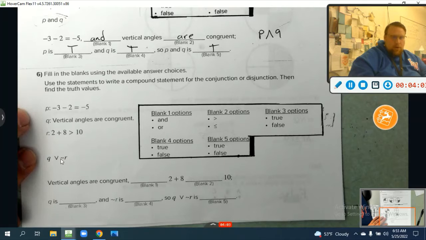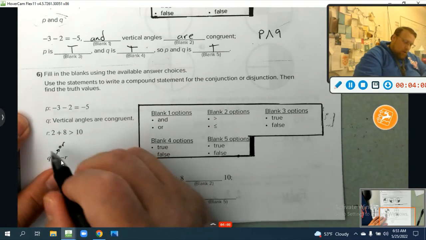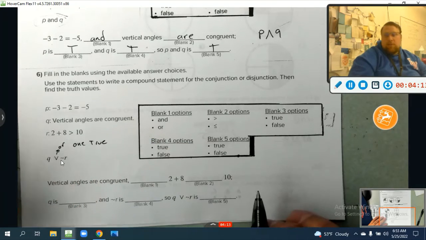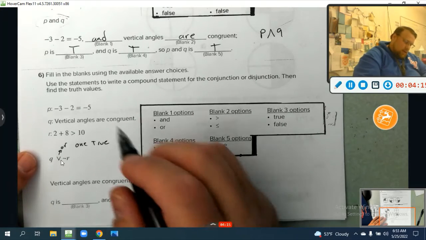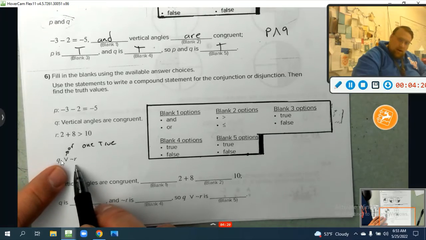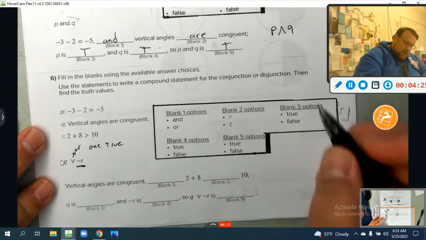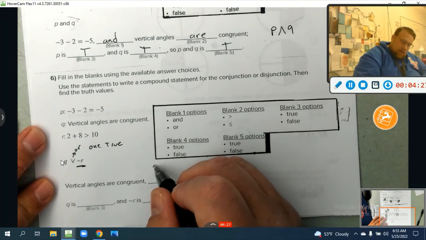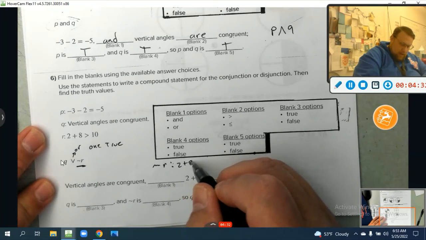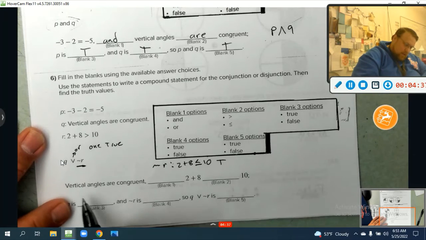Let's keep going. Basically, we're using the same setups here. But now we're going to do Q. Remember, that's an or, not R. And for or, only one has to be true. Both can be true, but only one has to be true. So let's see what it is. Q or not R. Notice that's not R right here. That's important. Because if I were to write that down, not R would be 2 plus 8 is less than or equal to 10. And that's true. So let's see.